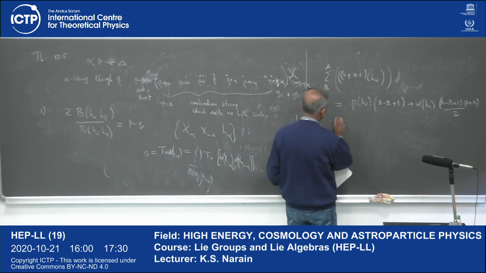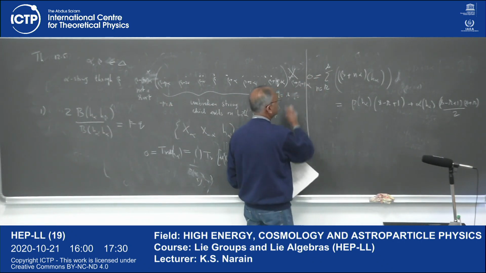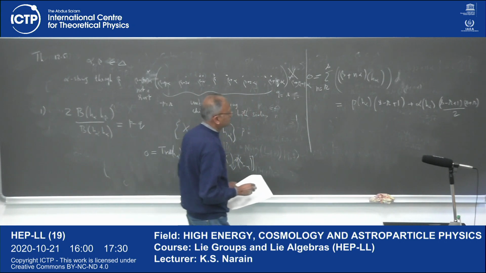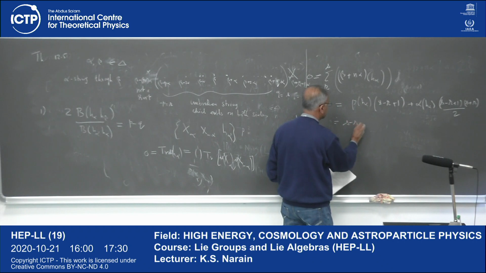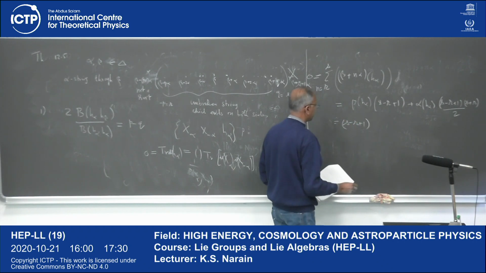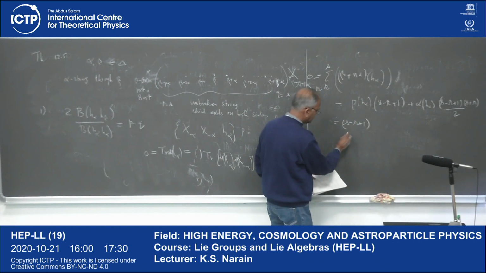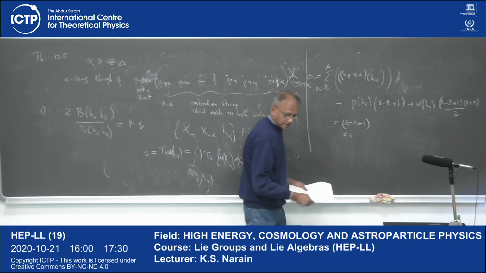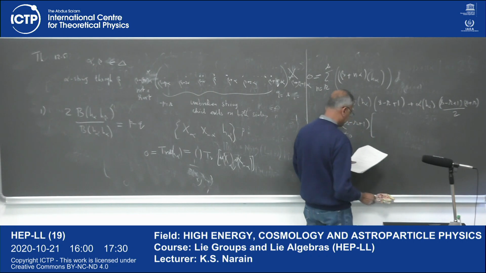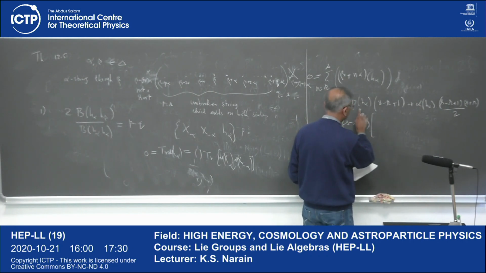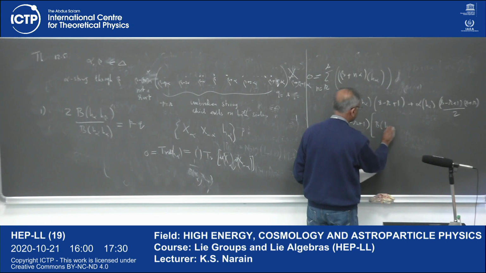So we are saying that this whole thing is equal to 0. S minus R plus 1 is a common factor, and this is certainly not 0. Inside you have beta of H alpha, which is the same as B of H alpha H beta.